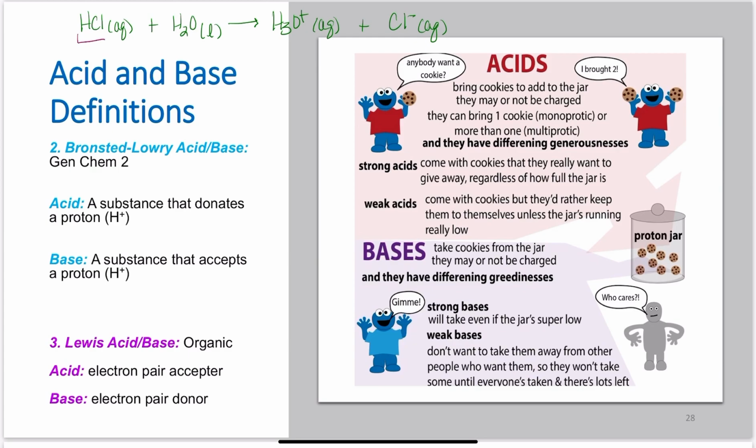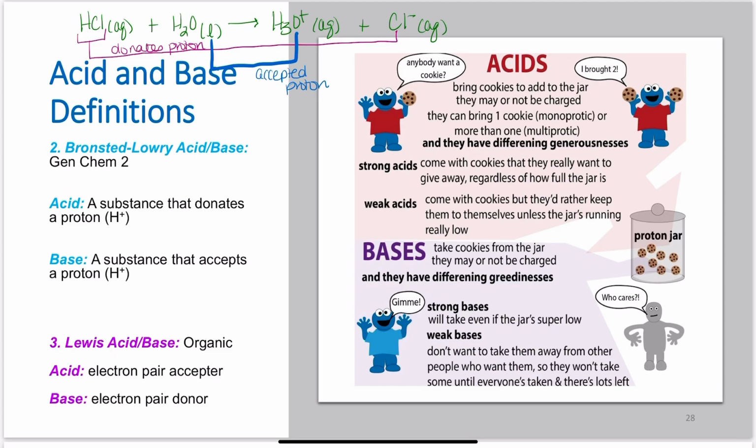The HCl here donated a proton to the water, leaving just the Cl minus behind. The water accepted the proton. So a substance that accepts the proton is a base.